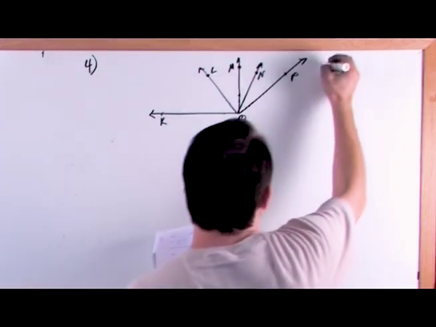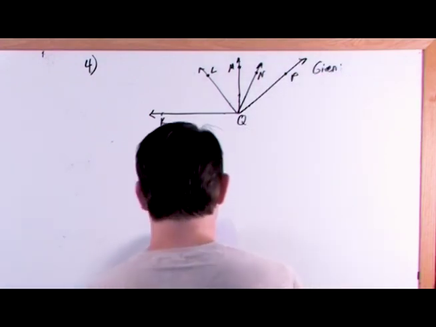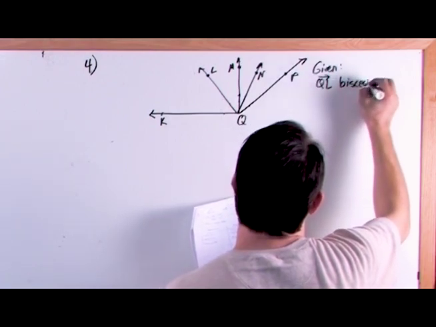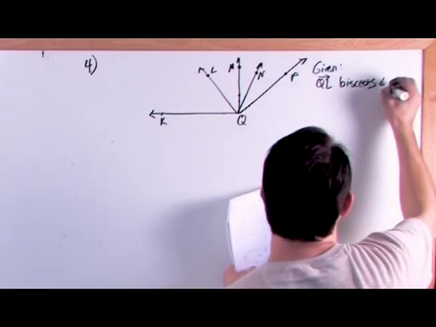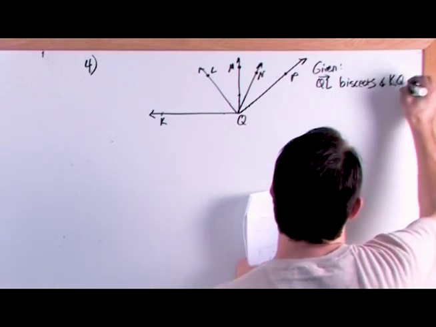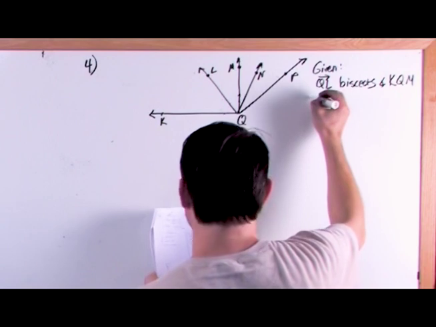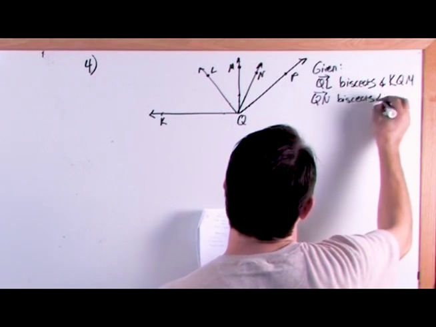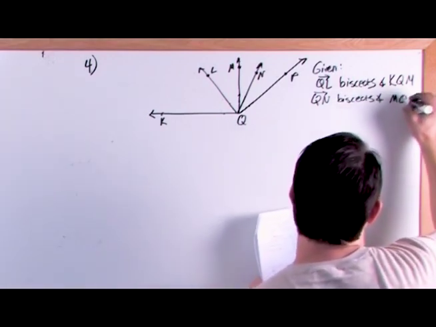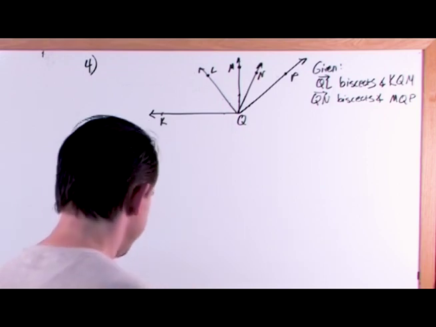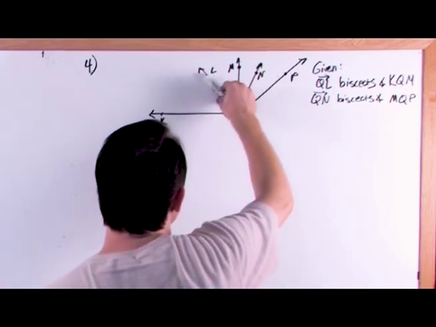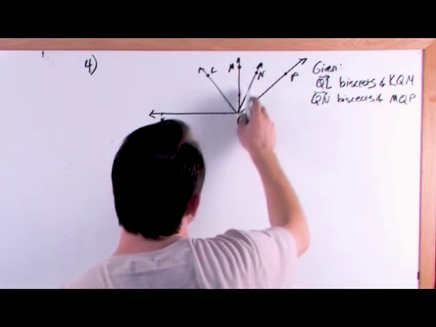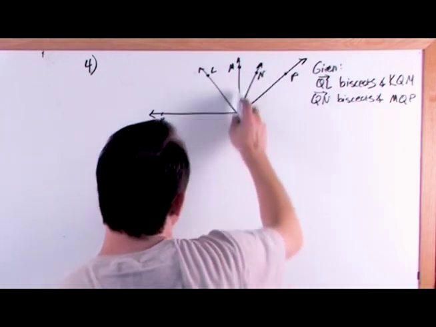And what you're given is QL bisects angle KQM, and QN bisects angle MQP. So what you're saying here is that QL, this one, bisects KQM, this angle right here. And QN bisects MQP, this angle right here.